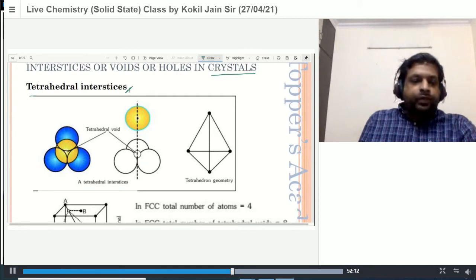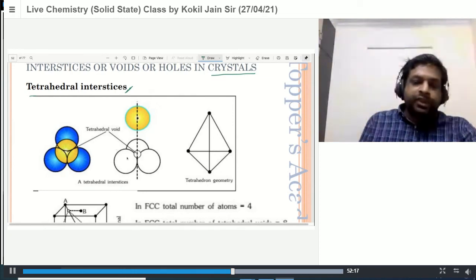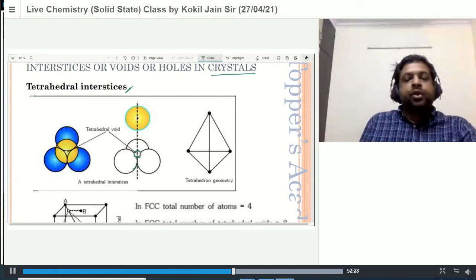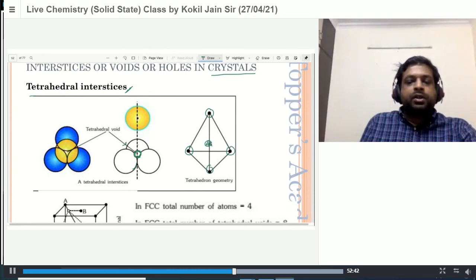What's happening here is when you arrange these three spheres side by side and above it you put another sphere on this vacant space, you form a tetrahedral void here. If this is the arrangement of these atoms, in between this you are going to see a void of space. This is what is called a tetrahedral void because it is found in between a tetrahedron arrangement.